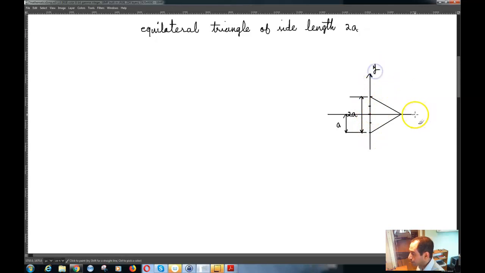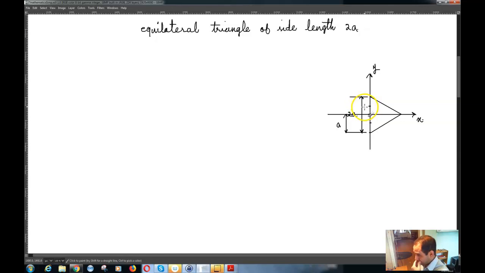And this is the y-axis and this is the x-axis. Now this triangle, of course, could be the other way around, meaning that this vertex could be over here. Find vertices of the triangle.